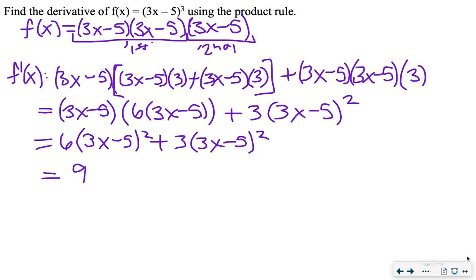Alright, so I get a nice answer of 9 times 3x minus 5 squared. Okay, so keep that answer in the back of your head there, and we'll see that come back into play a little later.